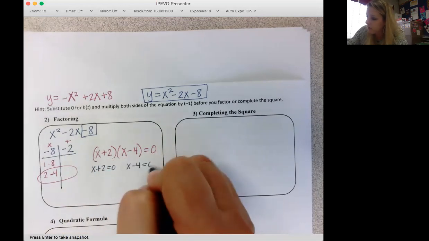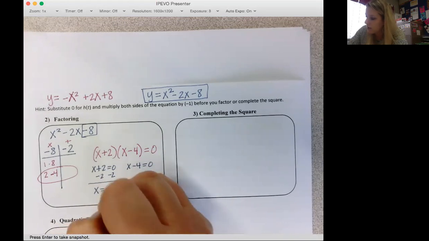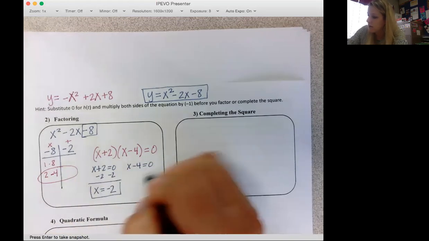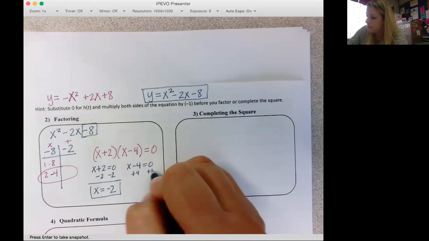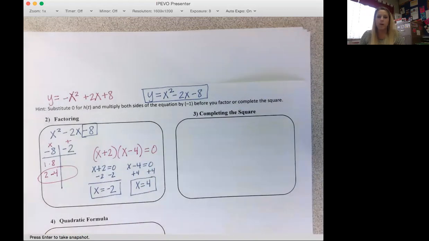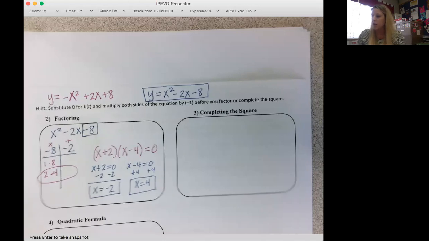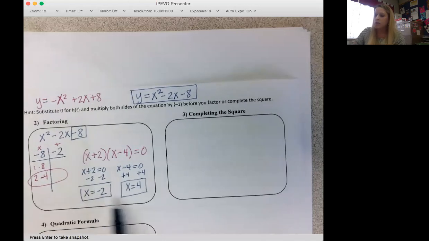And now I'm going to solve. Okay, so there are my two answers. We'll get to completing the square and quadratic formula, but now I can actually go back and do the end of my graphing. -2 and +4.